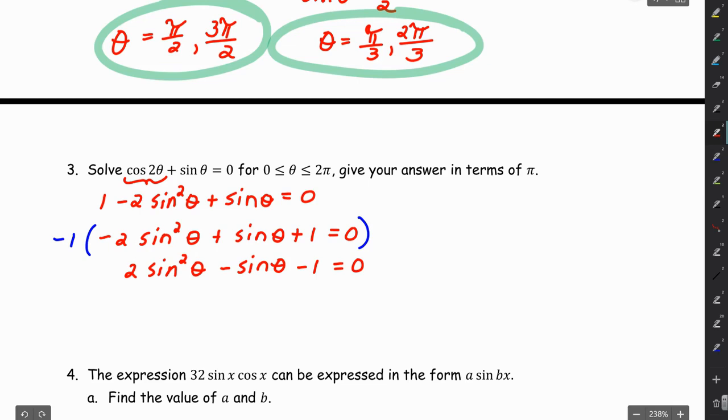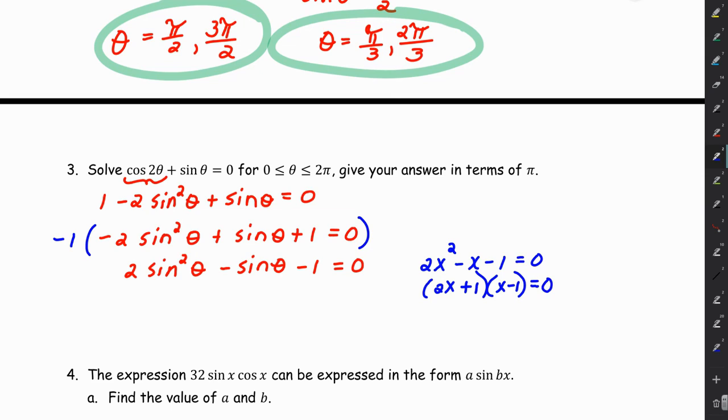Now, if seeing those signs in there is making you uncomfortable, you could rewrite that as 2x squared minus x minus 1 and factor that. That factors to 2x plus 1 and then x minus 1. And then you could just fill in the x's for sine now.